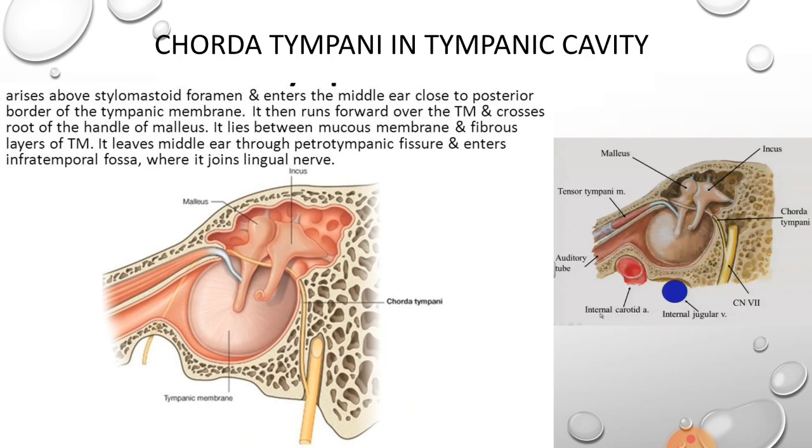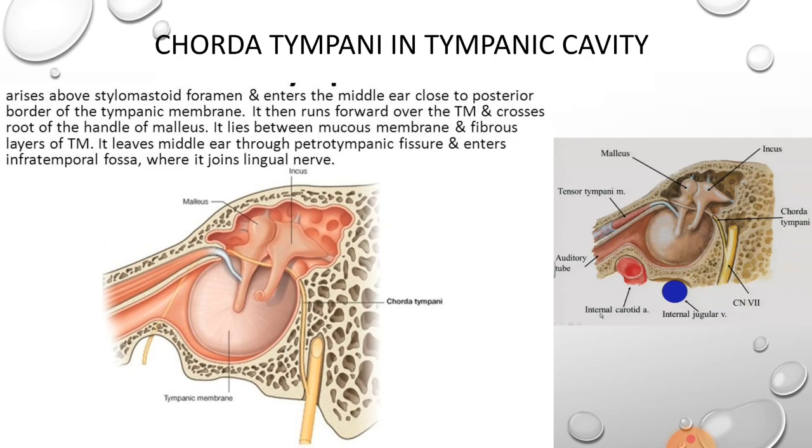Now, I was also talking about the two important components of this chorda tympani nerve. The chorda tympani nerve carries the parasympathetic secretomotor fibers to the submandibular and the sublingual glands, and it also takes up the taste fibers, the special afferent fibers from the anterior two-thirds of the tongue, except the circumvallate papillae, as a branch of the facial nerve, and carries them up to the higher centers.